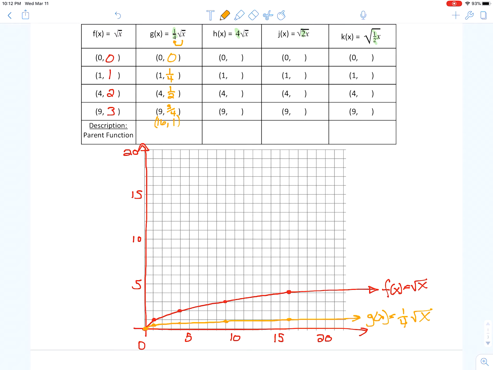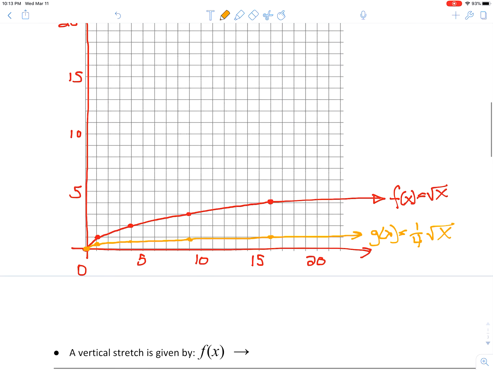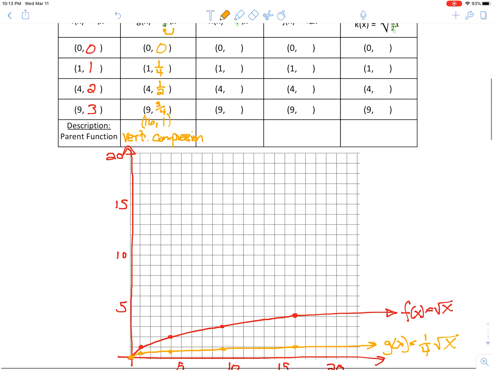The effect of this is called a vertical compression. All the y coordinates have been squished, meaning cut into fourths. So that the square root function, that one in red, it's kind of just been pushed down so that all the points are just 1/4 of where they used to be, the y coordinates.